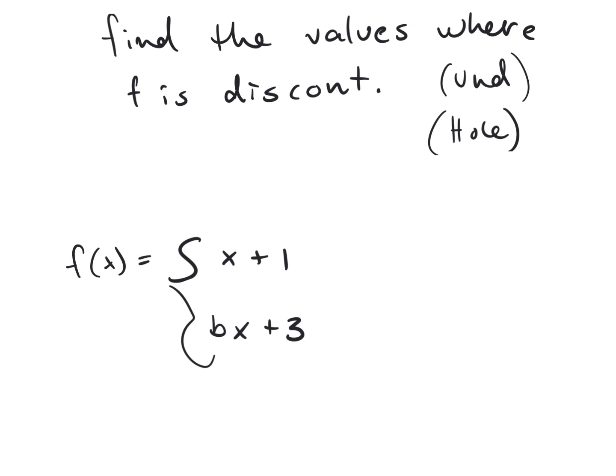It's going to ask you, as x is less than 1 and x is greater than or equal to 1, find the value of b that makes this continuous. So if our piecewise function is continuous, they're going to leave off and pick up in the same spot. So our first graph would be, if I plugged in 1, I would get 2.